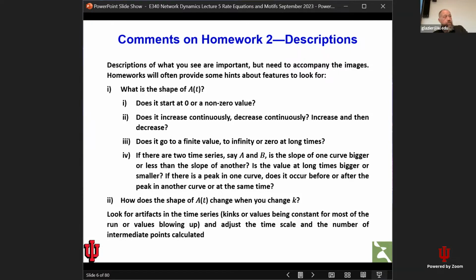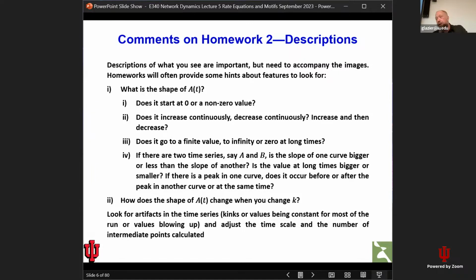Those kind of questions. And so if we have 2 time series, A and B, does one increase faster or slower than the other? Is the final value at long times bigger or smaller for one or the other? If it goes up and goes down with a peak, does the peak happen before or after the peak for something else? Those are the kinds of things that you might look for.